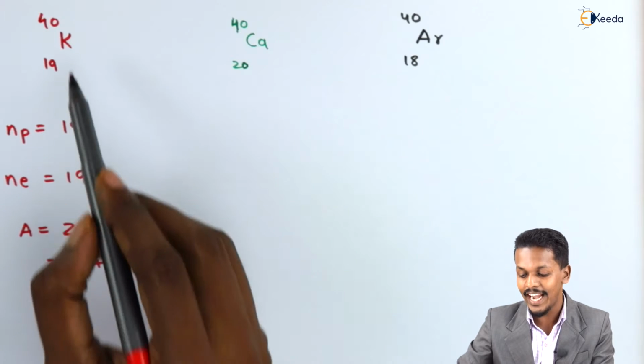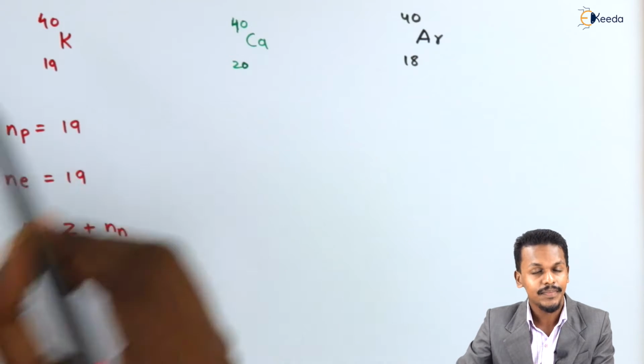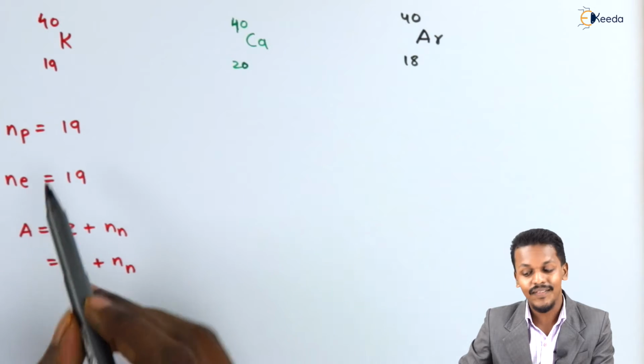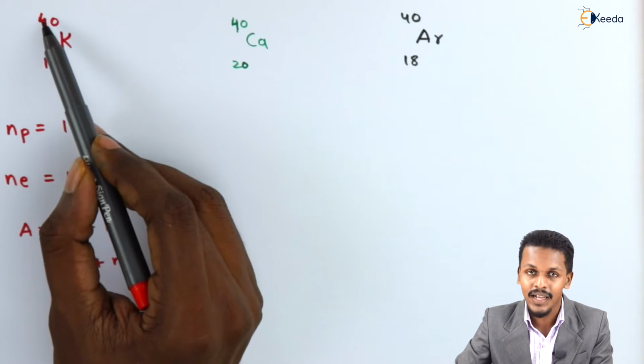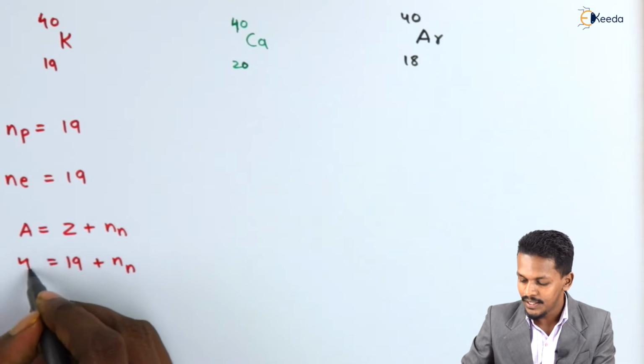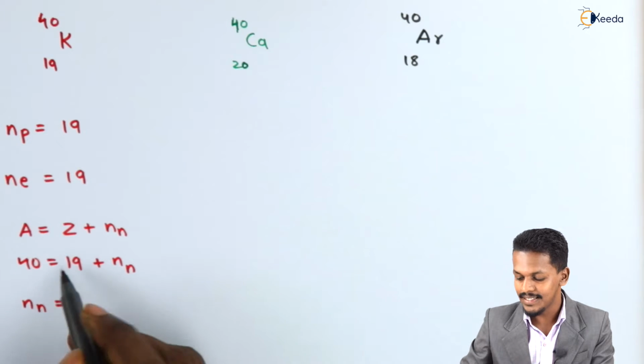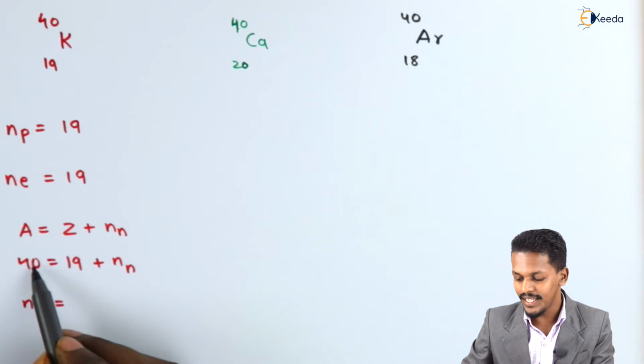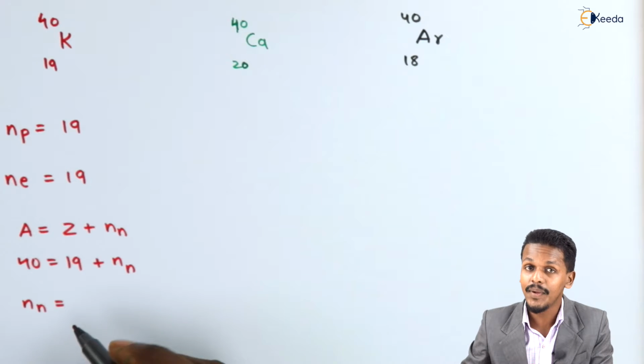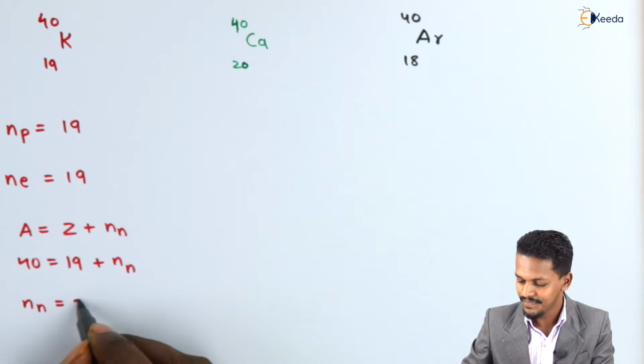We also have the atomic mass number, that is 40. So while calculating this, the number of neutrons is 40 minus 19, which is 21.